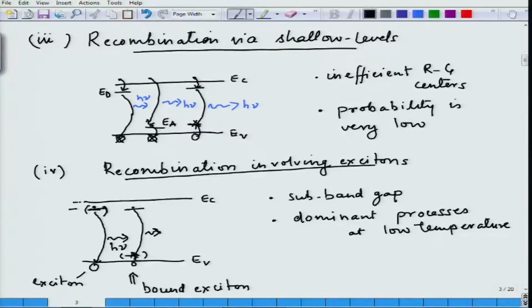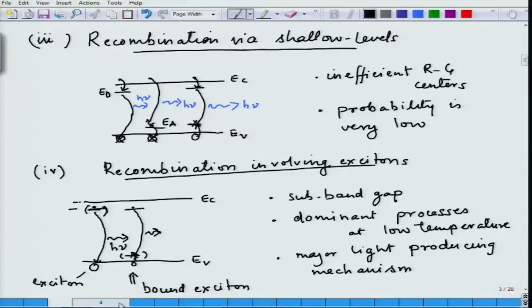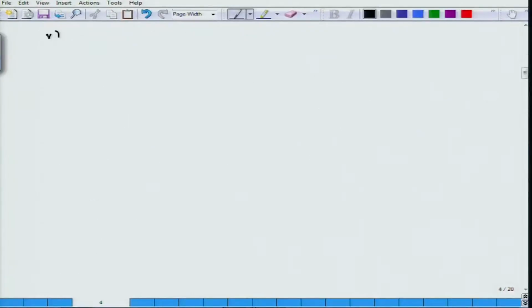And the majority of LEDs which one sees today, this is the major light producing mechanism. So, that brings us to the next recombination mechanism, and this is called Auger recombination.